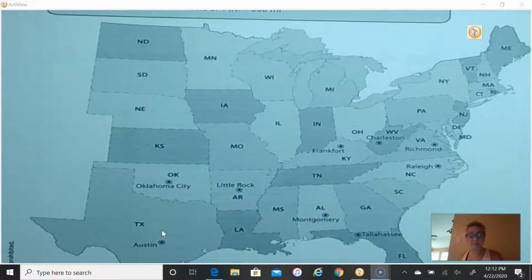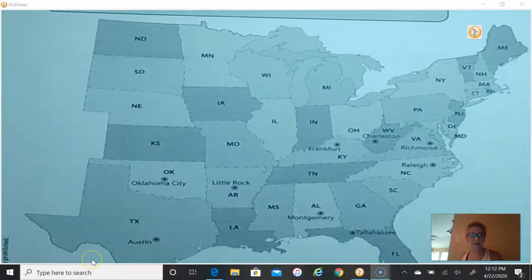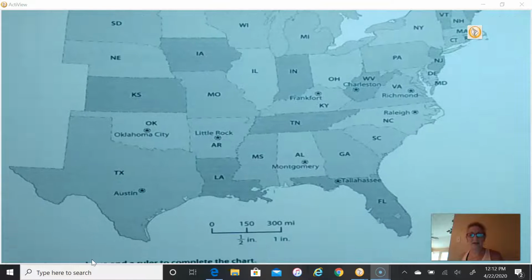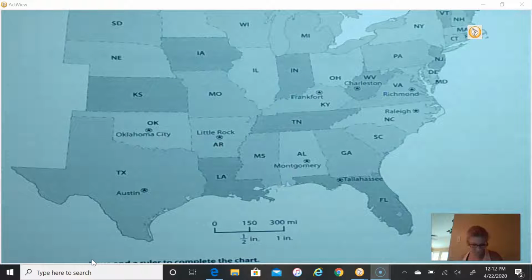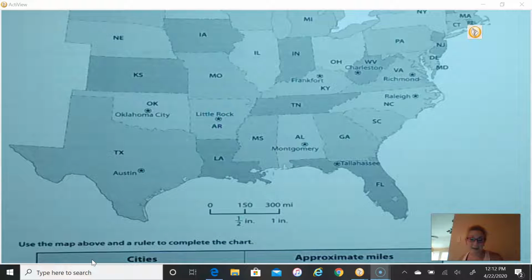You have a map. Now here's what's funny about this. It's an actual lesson, an actual skill that you need to know. The funny thing is that with technology now, you really don't need this as much.